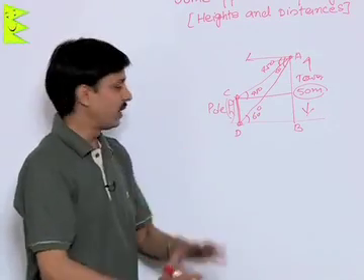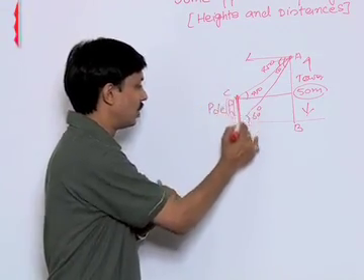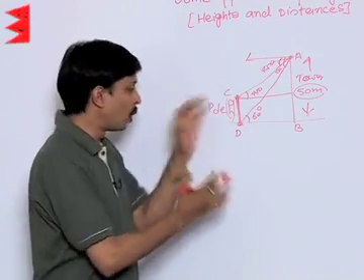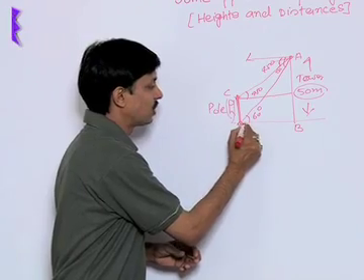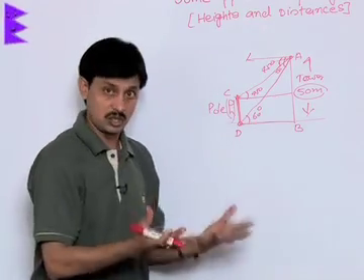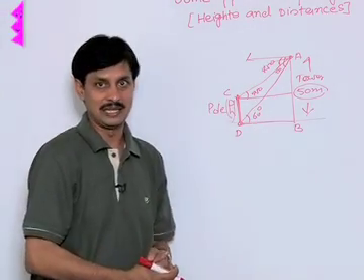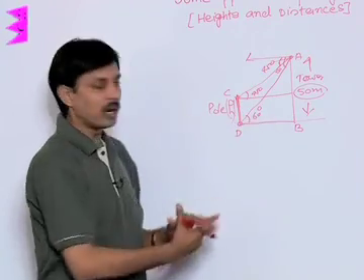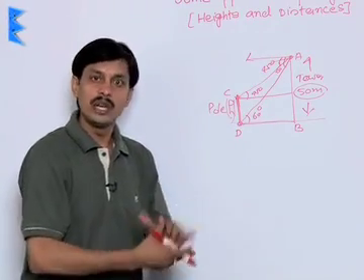Now find the height of this pole or find the distance between their bases. We can ask two things here. So in order to understand it, what do we need to do?